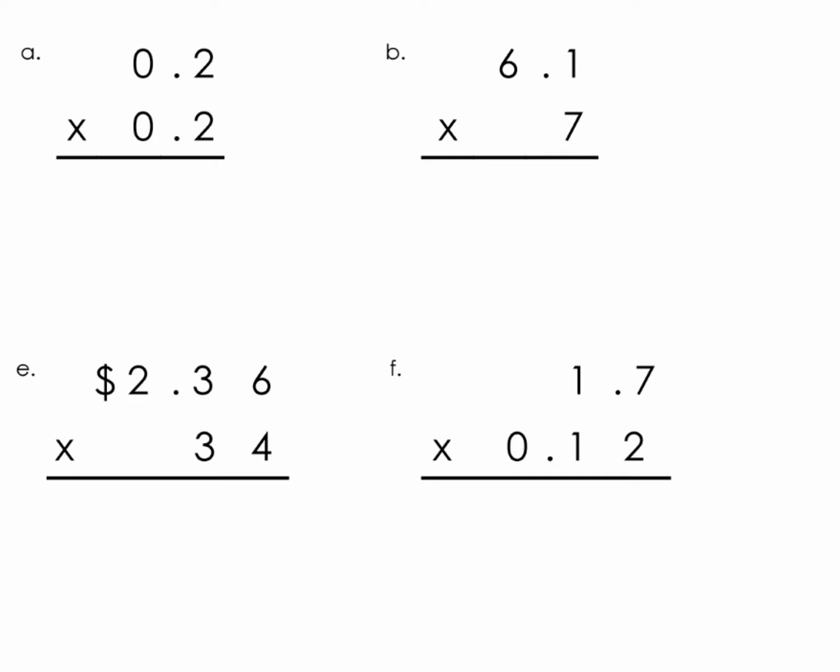All right, so I'm going to go over these examples. Whenever you're multiplying decimals, the first thing I want you to do is see how many numbers are behind the decimals. So first you look at the top number, okay, and there is one number behind the decimal.